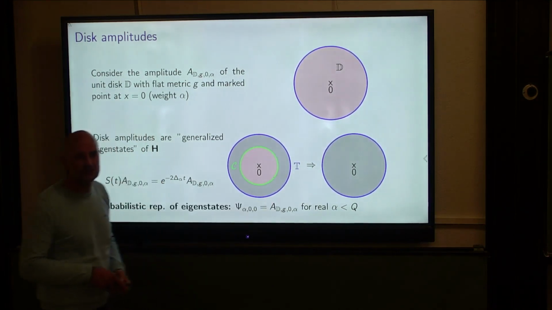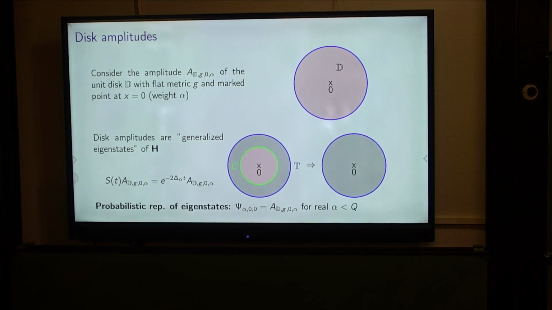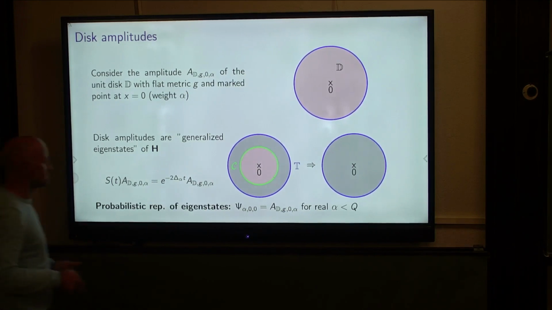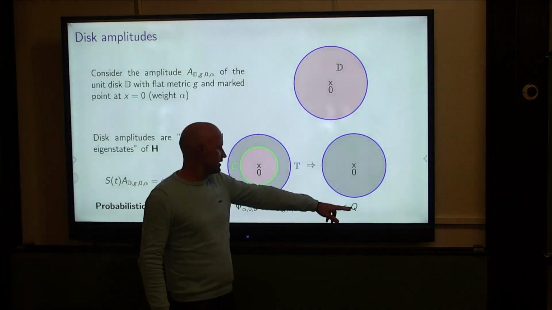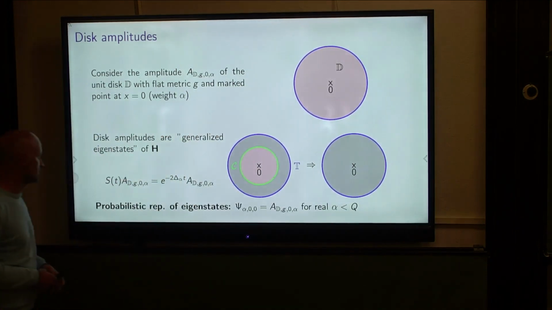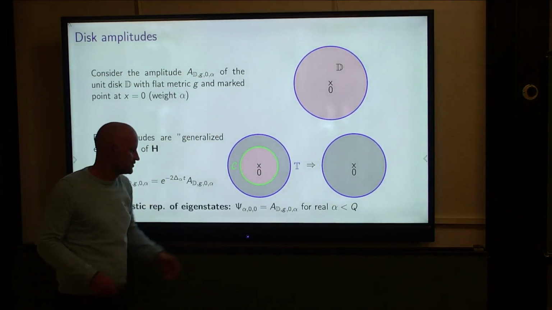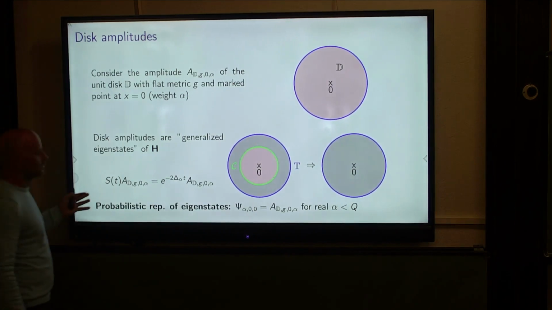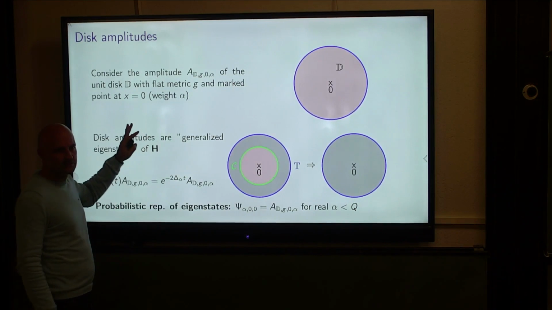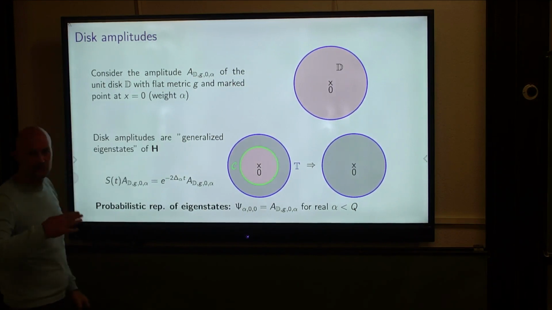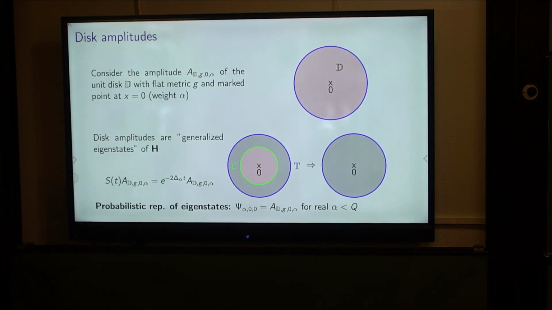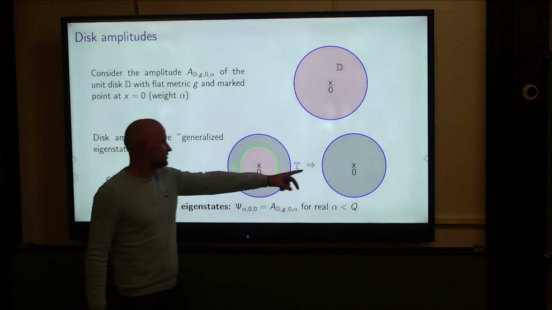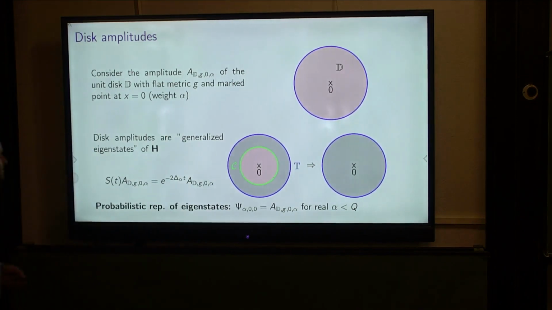So the analytic continuation of the eigenstates, in what we call the probabilistic region, meaning that alpha is real and less than q, then you can show that psi alpha and the disk amplitudes are the same. Okay? So in some way, we have a probabilistic representation of the eigenstates, up to the fact that there is an analytic continuation in between. Okay? But here, the disk amplitudes don't give you all the eigenstates. It's not complete.